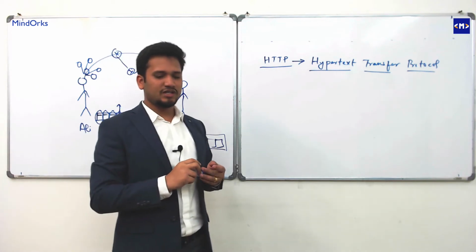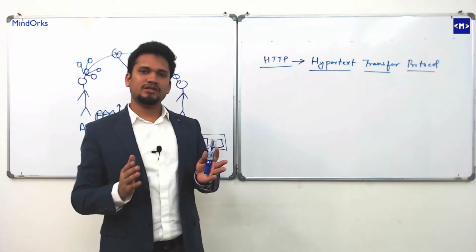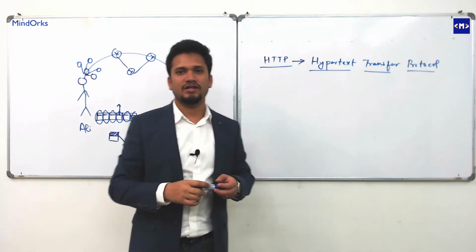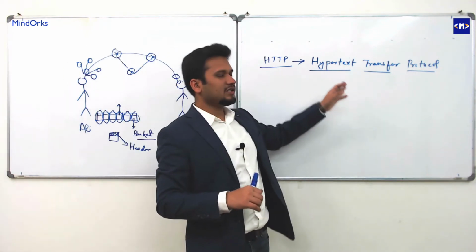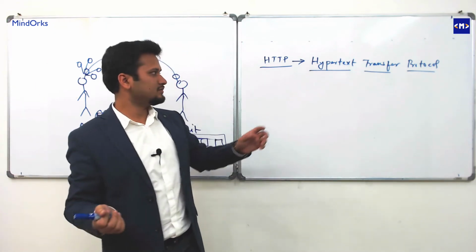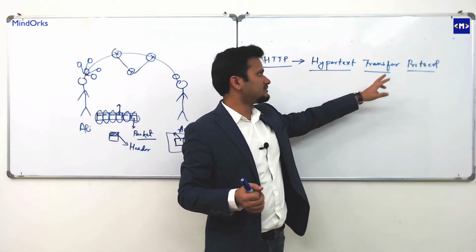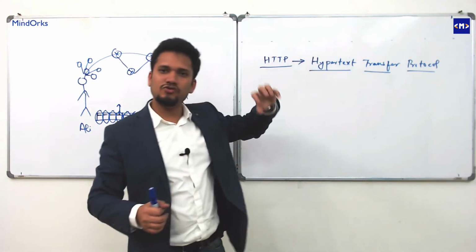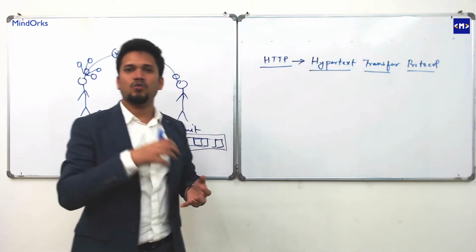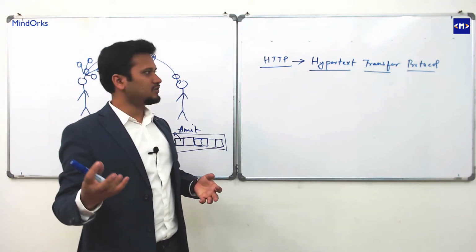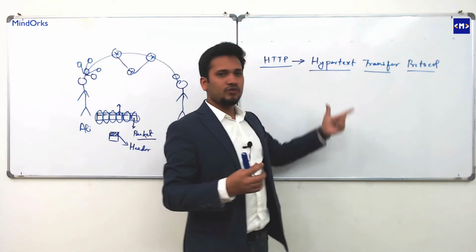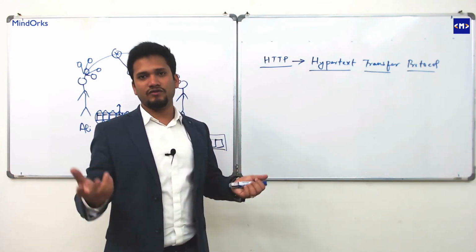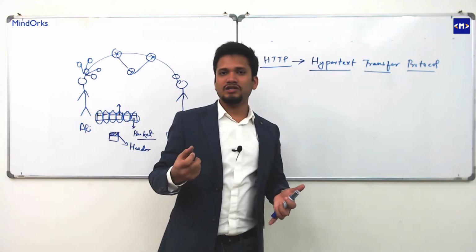Hypertext originally meant that if I have a document, I can have something in that document which links to some other resource on the internet. So hypertext will have links to some other resource. Transfer means how my text will move from one client, one host, to another host. Now you are sending JSON data in your Android application, or if you have a web application, you are sending using an AJAX call.